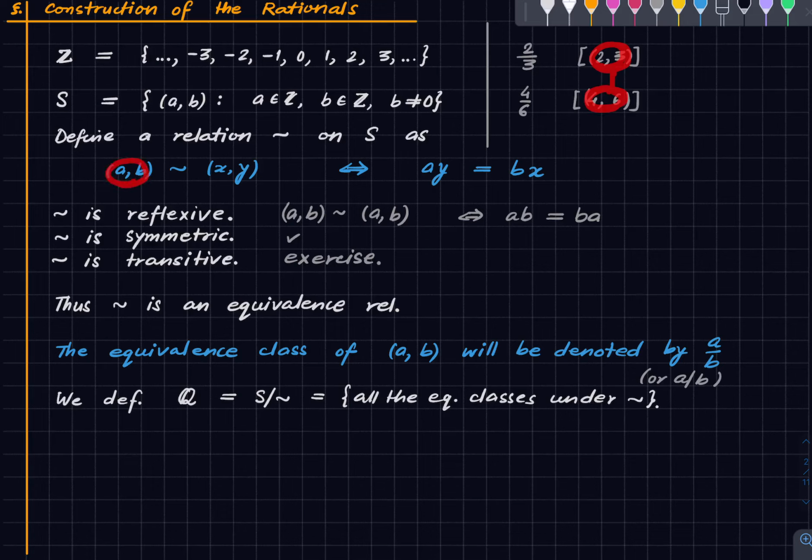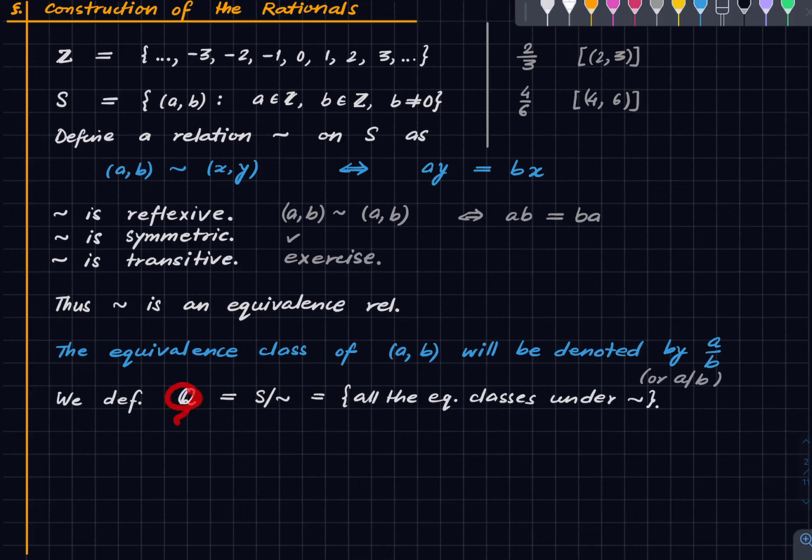Just note that this equation holds. And that is exactly what we actually do in high school. When we say that 2 by 3 is equal to 4 by 6, we just mean that 2 into 6 is equal to 4 into 3. So it is a somewhat convoluted looking way of doing what we do in high school, but this is completely formal. That's the point. This is completely logically consistent.